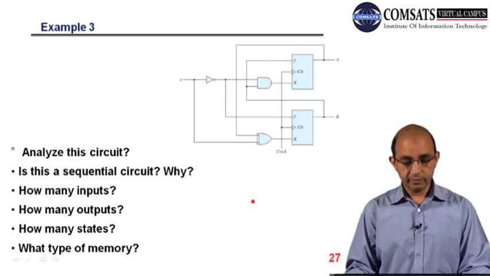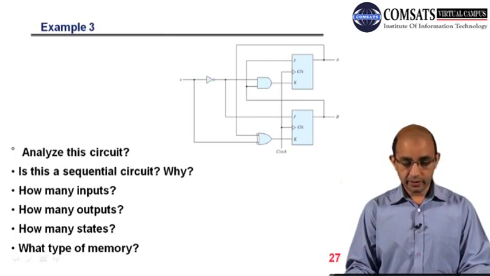Of course this is a sequential circuit, because it includes flip-flops that are the memory elements, and we have the feedback. So we have one input, and how many outputs?